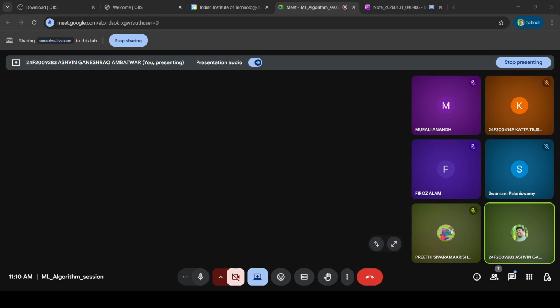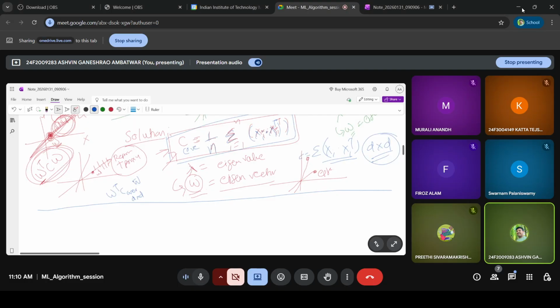Write means I used GPT also, but I know the steps, like how we calculate PCA, and the same way I did it for the face recognition algorithm. One second, but before that, if you guys have any questions, you can ask me. Murli sir, anything?